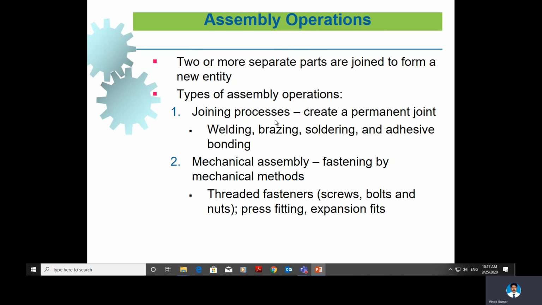Joining means we join two parts together by permanent joining like welding, brazing, soldering, etc., or by threaded fasteners like nuts and bolts and screws. Nuts and bolts are temporary; we can disassemble the part at any time. But with a permanent joint like welding, dismantling will be difficult.